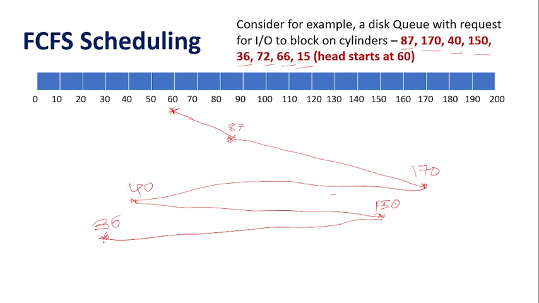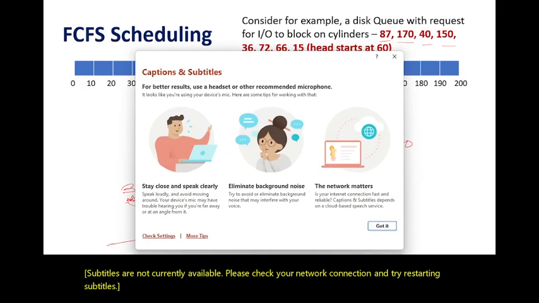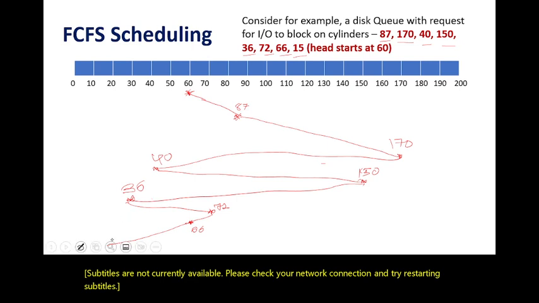Then from 36 to 72, and from 72 to 66, going back, and from 66 to 15.